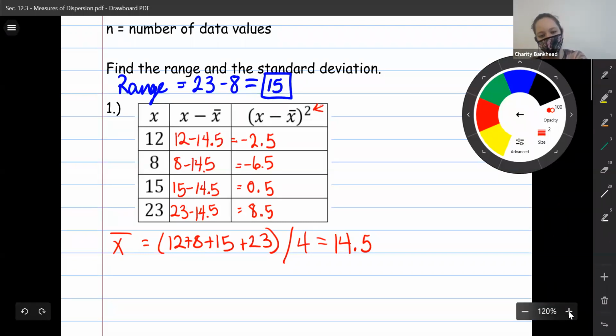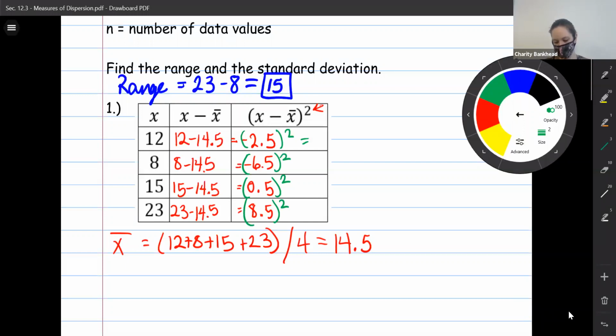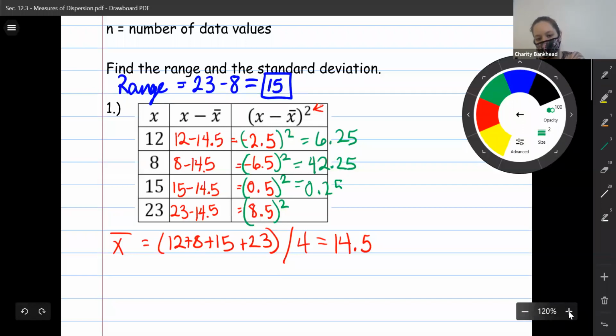So we're just going to square each of those. So that equals 6.25, 42.25, 0.25, and 72.25.